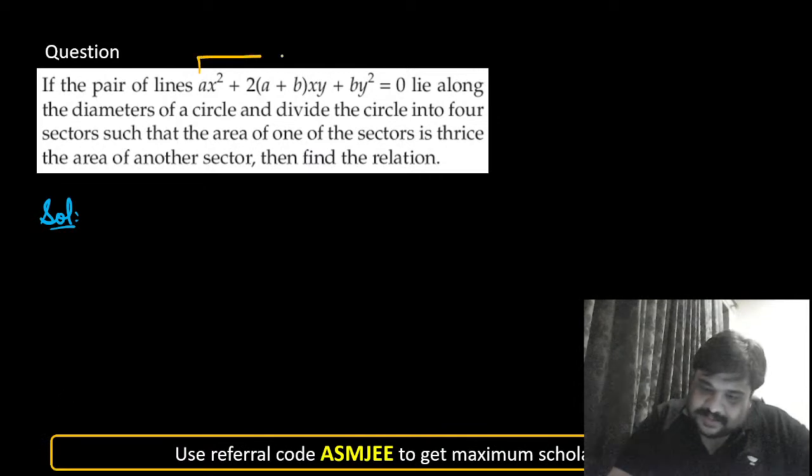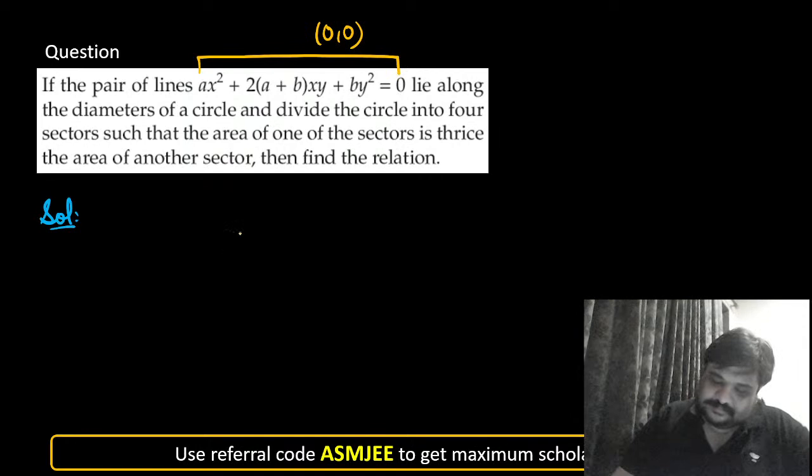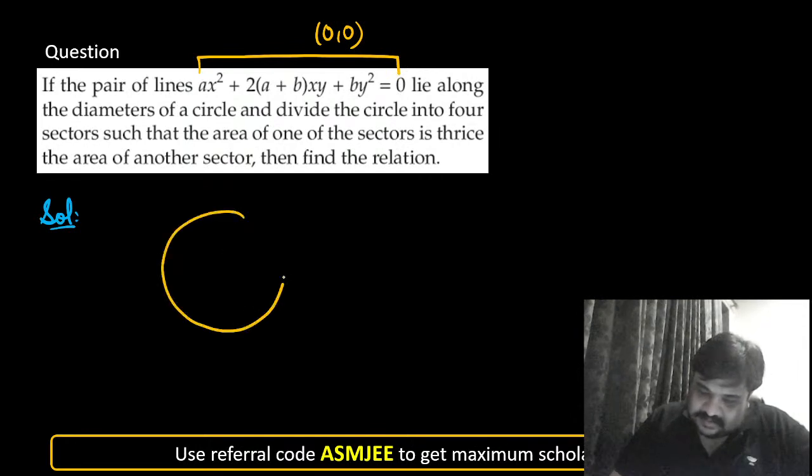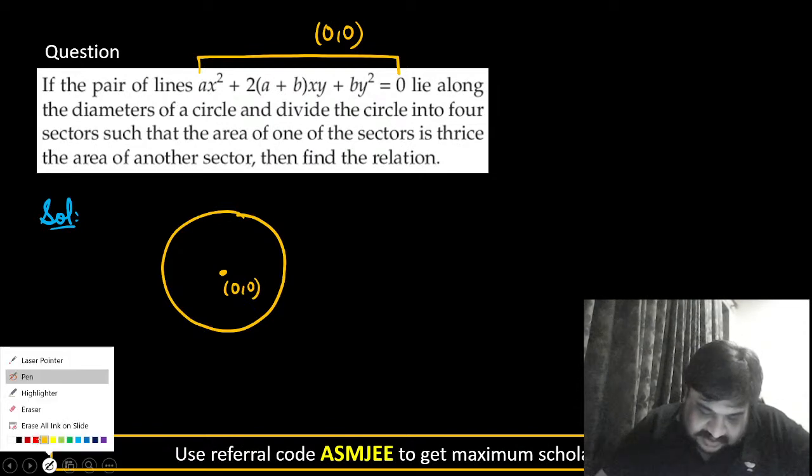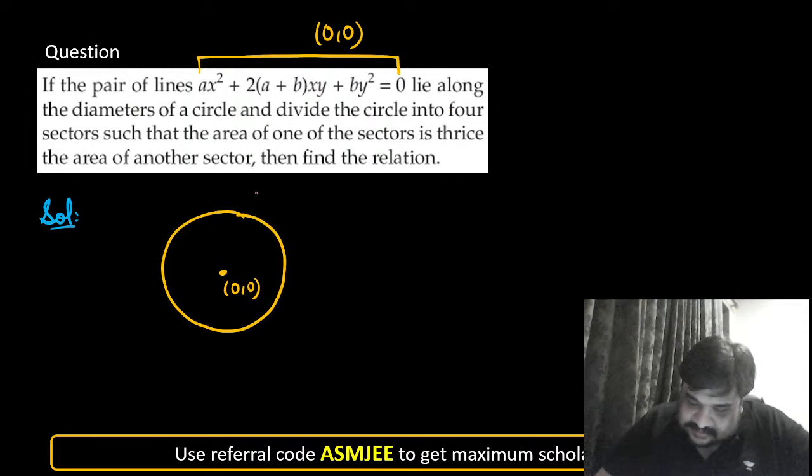See, this is a chota pair. So it must be formed at origin. So there must be a circle having center at origin. Why? Because both these lines are along the diameters, right? So their point of intersection must be the center.